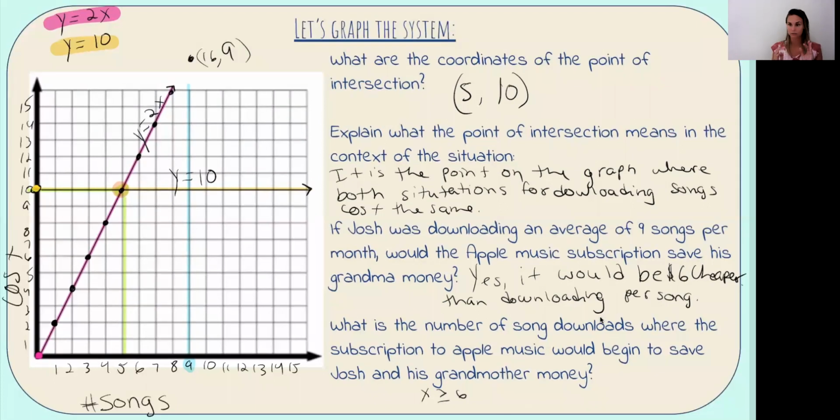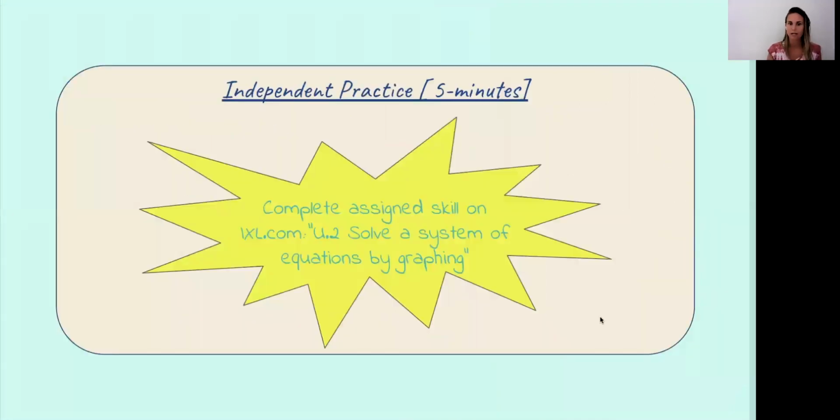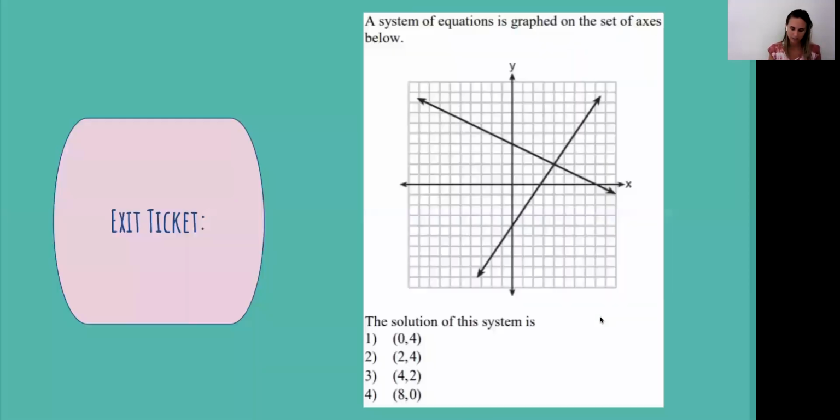So there you go. This is a question I tweaked and made up myself based on other Regents 4-point questions like it. If this was a real class, I would have some independent practice on IXL for you to work on. And then we have our exit ticket, which I like to leave in the video for anyone to answer in the comments.